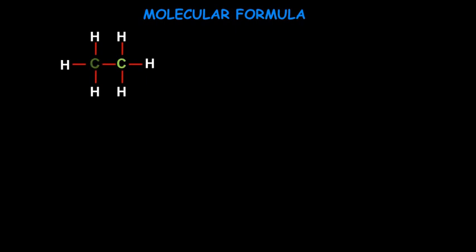For example, here if we have 2 carbon, then we are going to write C2 in the molecular formula. And how many hydrogen are present? We have 1, 2, 3, 4, 5 and 6 hydrogen. So we are going to write H6. So the molecular formula of this compound is C2H6, as it contains 2 carbon and 6 hydrogen in its molecule.